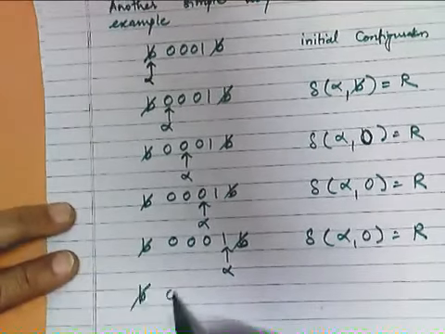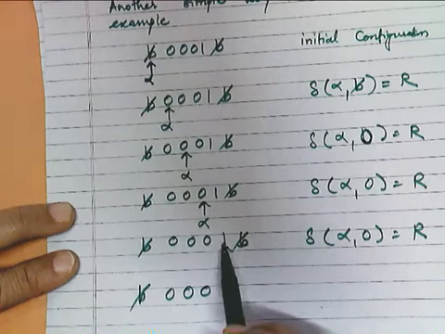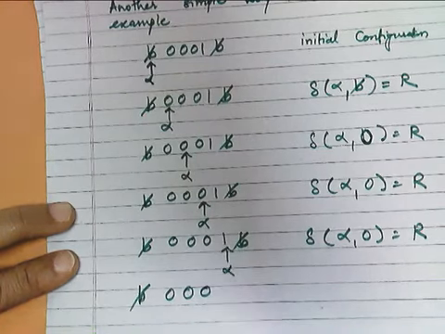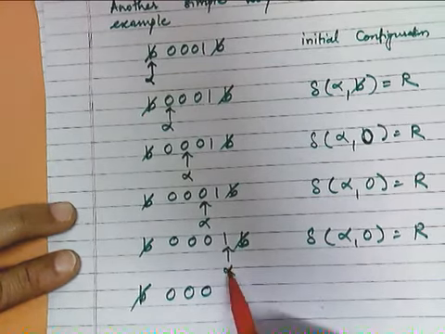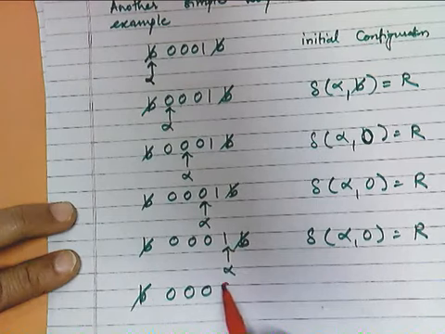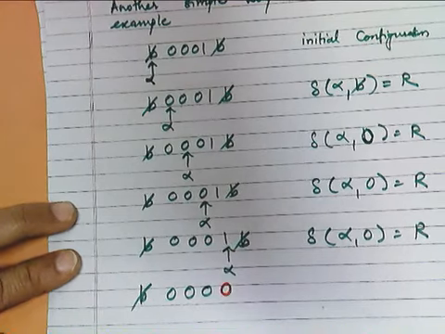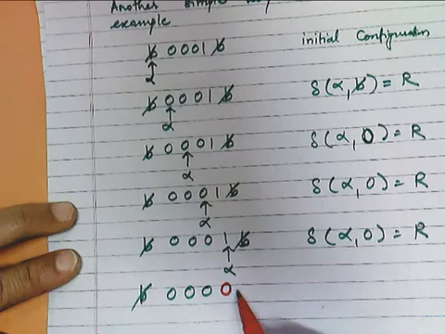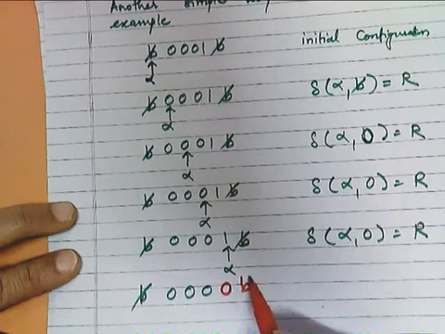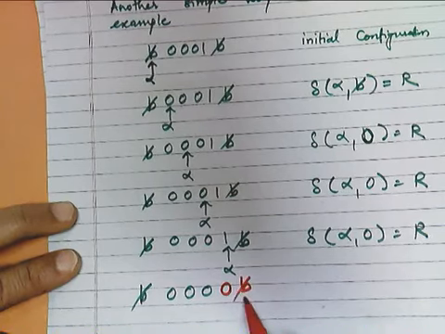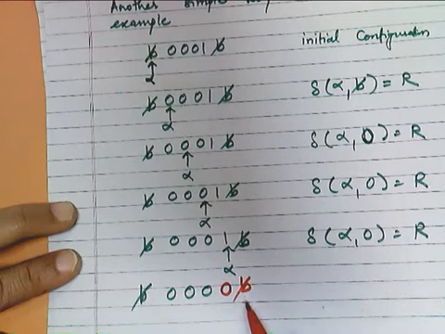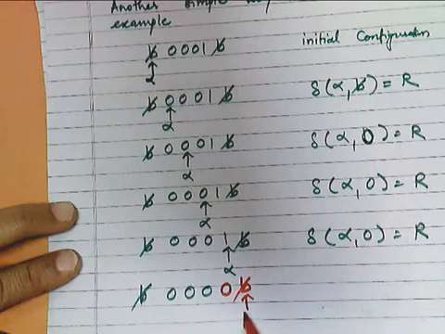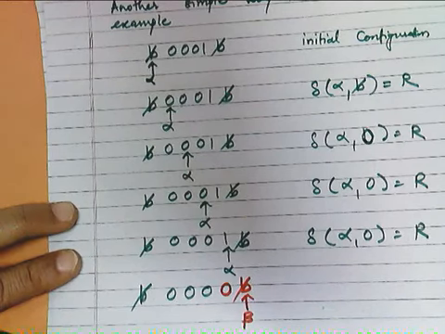Next blank 0 0 0. Now this 1 needs to be updated to 0, as we have just seen. If alpha and 1, then it should be updated to 0, and your pointer should move towards the right, and the state needs to be changed to beta.